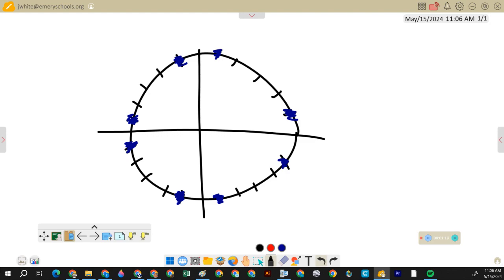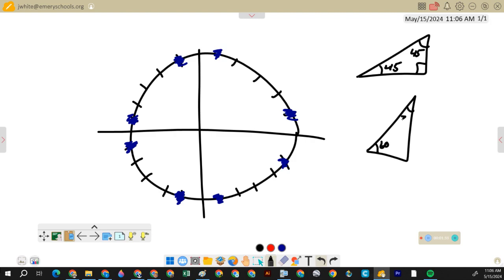And back when you probably were in 9th grade, you learned a couple of reference triangles. So you learned the 45, 45, 90 triangle, and you learned the 60, 30, 90 triangle. And when you did that, the legs of this triangle were 1, and then the hypotenuse of that triangle was root 2.